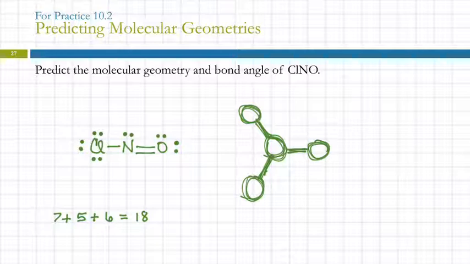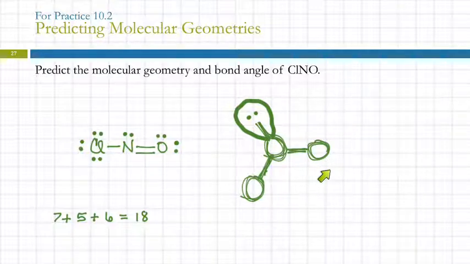But we're asking about the molecular geometry. Do we have any lone pairs on that central atom? Yeah. So we need to make one of these a lone pair. So the lone pair is in this position. You could draw it like that if you want. It's there, it's repulsive, and it's affecting these two.